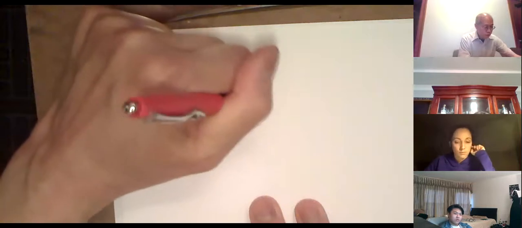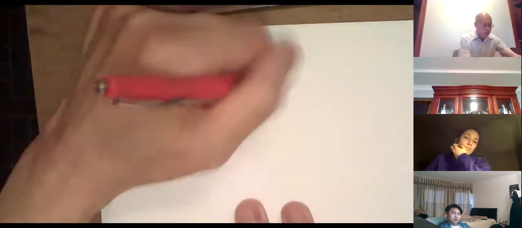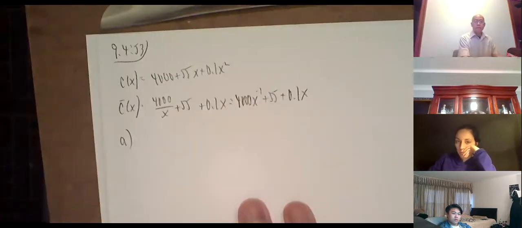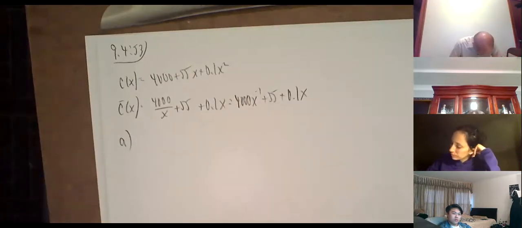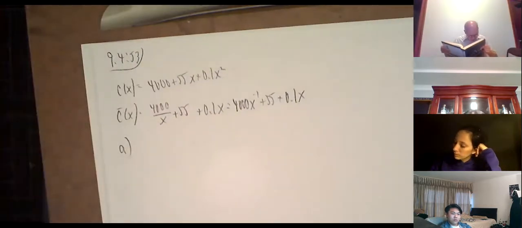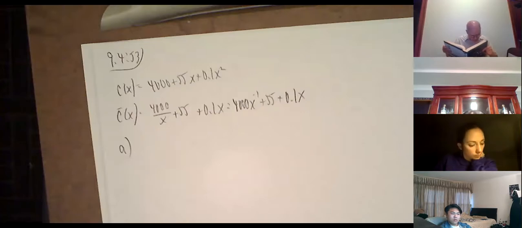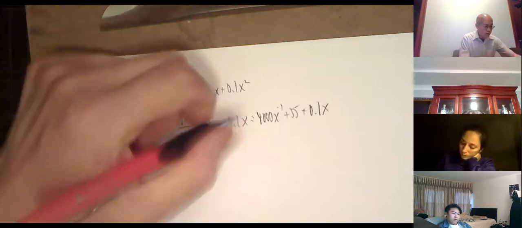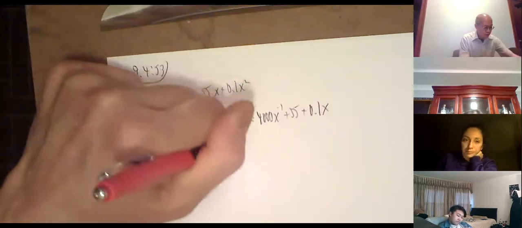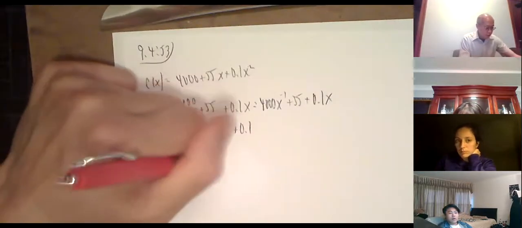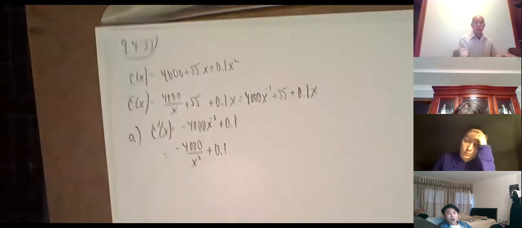You should think of this as 4,000 x to the negative 1 plus 55 plus 0.1x. So C bar prime is negative 4,000 x to the minus 2 plus 0.1. That is negative 4,000 over x squared plus 0.1.